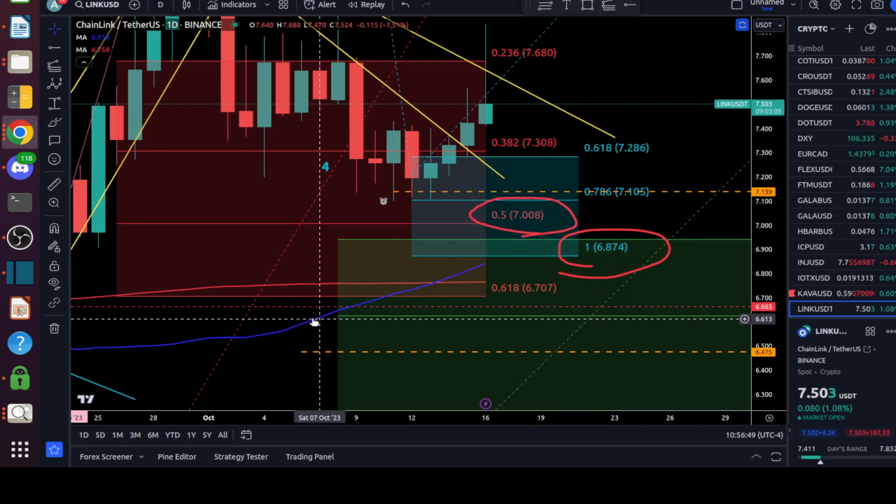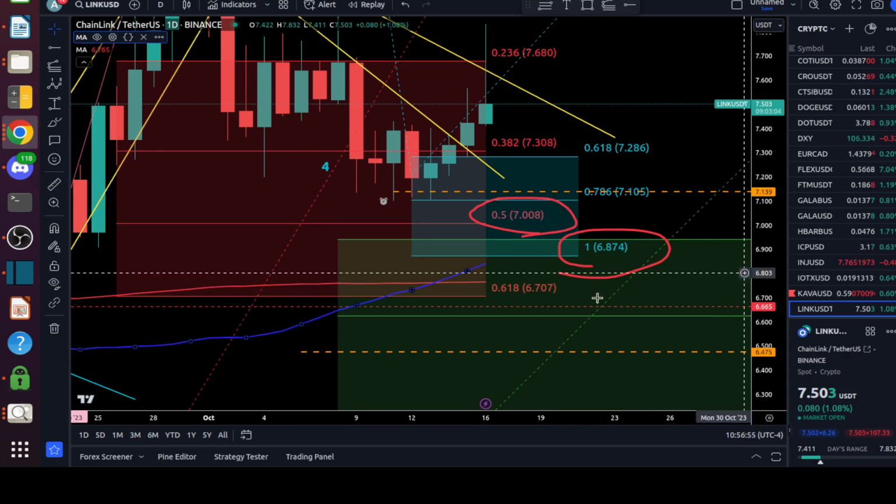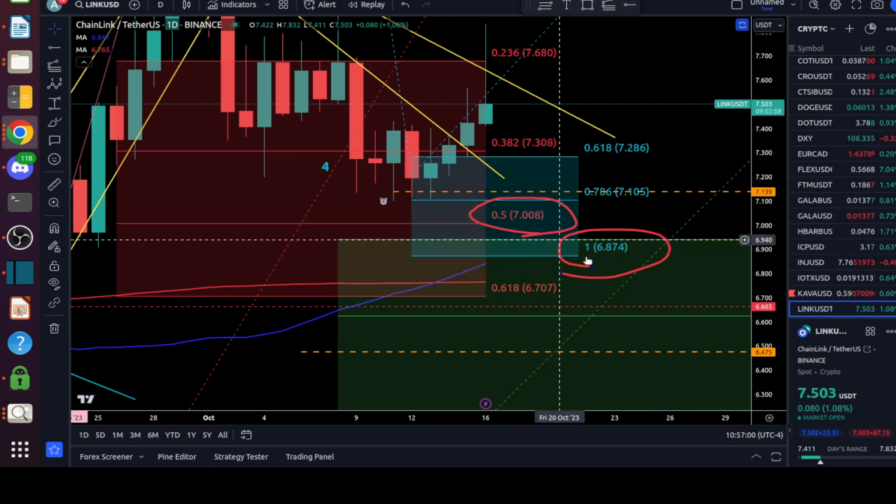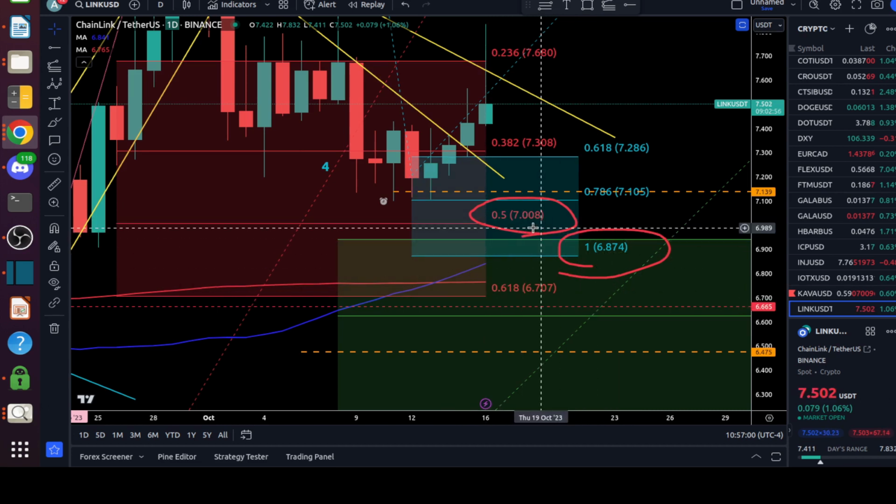Also, we have the MA 50, which is now at exactly $6.84. You can integrate all that when you decide where to put your sell stop limit.